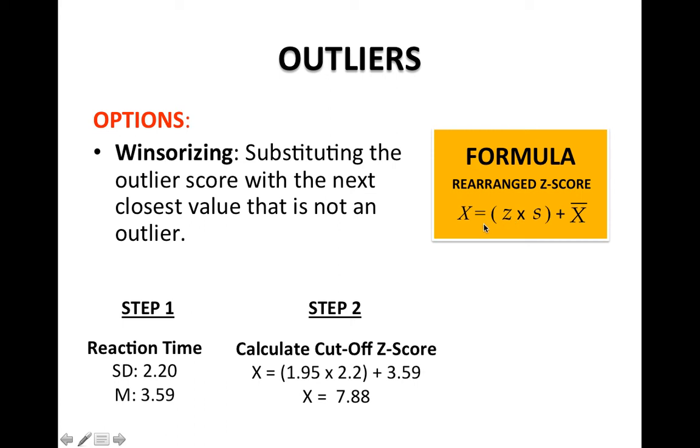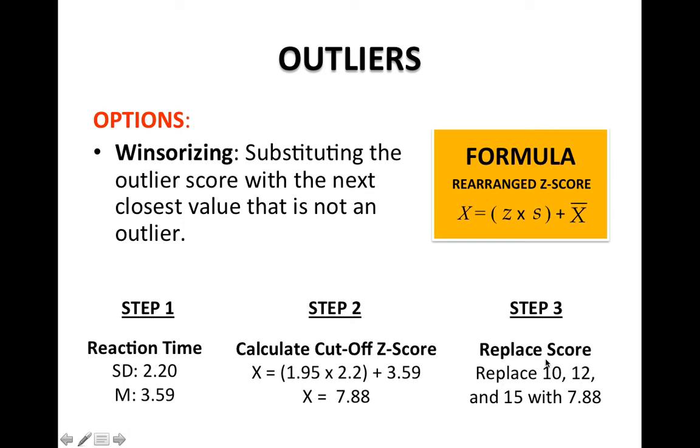So that's the Z. We replace Z with the score that we want, 1.95, replace this here with our standard deviation, 2.2, and this here is the mean for our sample, 3.59. So 1.95 times 2.2 plus 3.59, we get 7.88. That means that we would replace the scores of 10 seconds, 12 seconds, and 15 seconds with 7.88. These scores are right on the edge at z-scores of 1.95, but they are not at that cutoff of 1.96, so they're still within range.